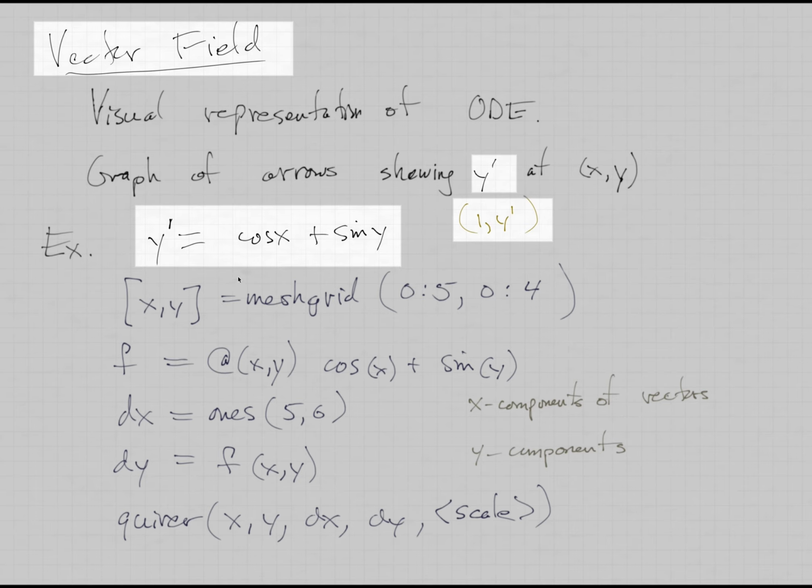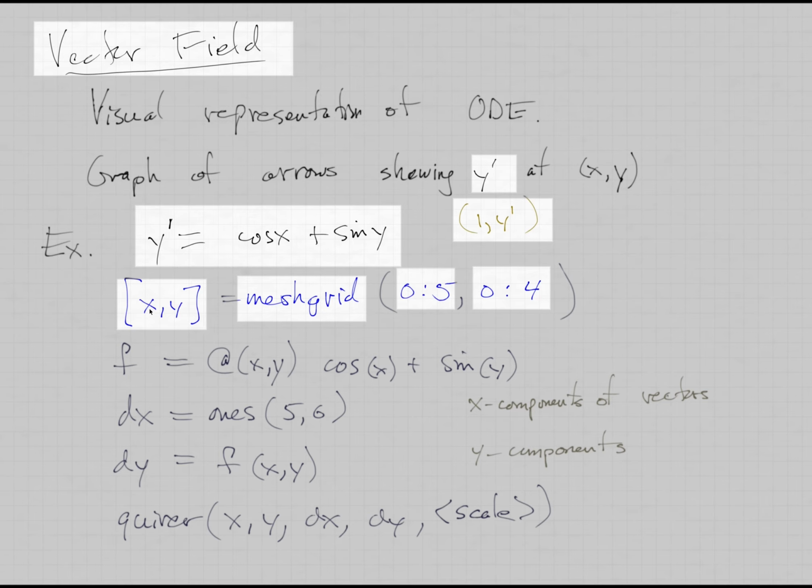Now before I switch over to MATLAB, let me go over some of the commands I'm going to use. There's the meshgrid command, and meshgrid takes two arguments. You give it a list of x values and then a list of y values. And it returns two arrays, and I'm going to write them to the variables x and y.